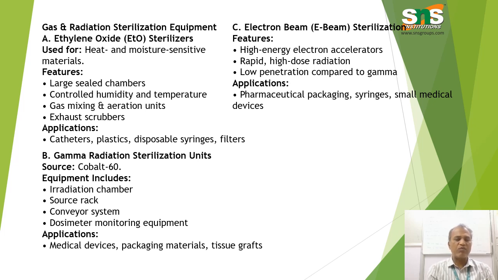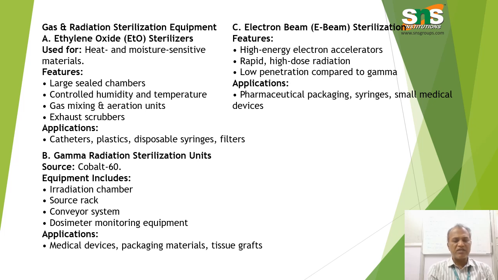One major advantage of ethylene oxide sterilizers is that they won't build up any humidity, so it keeps the sample clear. What are the applications? Catheters, plastics, disposable syringes and filters, which come under heat and moisture sensitive products. The preferable method for these is ethylene oxide sterilizers.